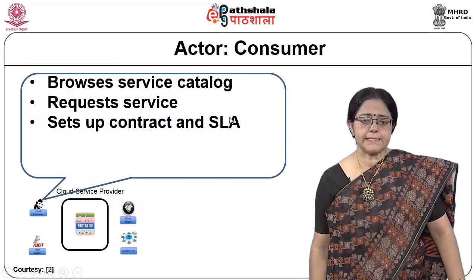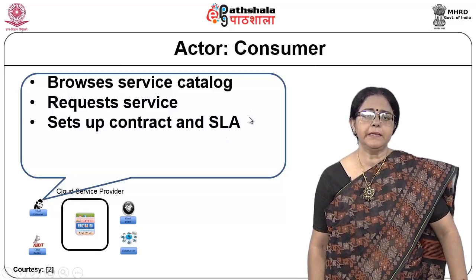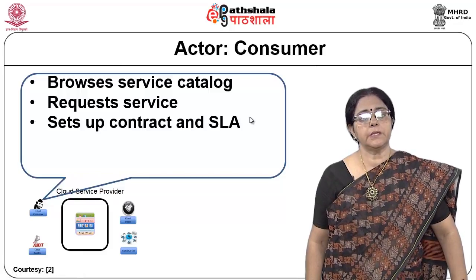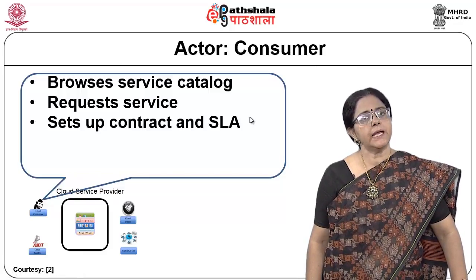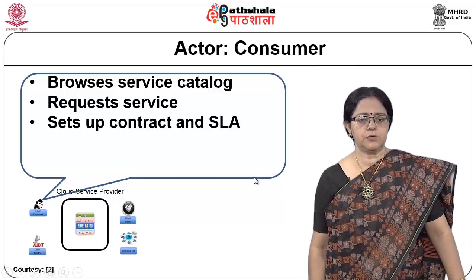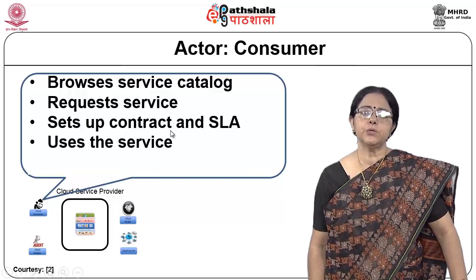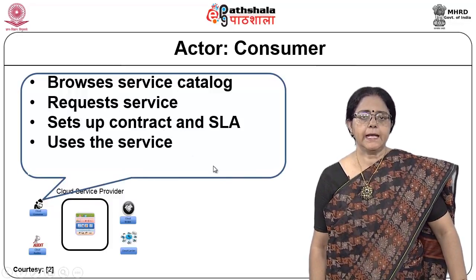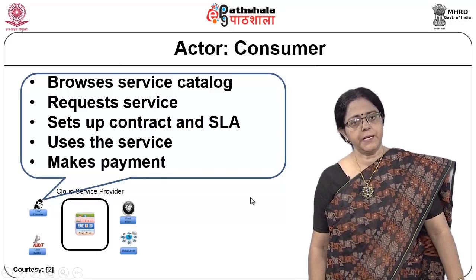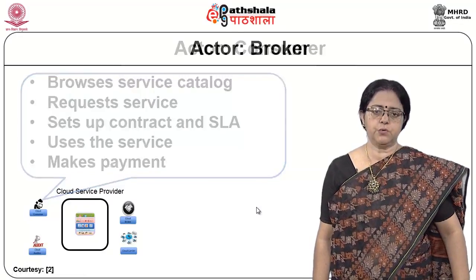This SLA stands for service level agreement. There has to be a written contract between the provider and the consumer, which has to be respected by both parties. Then the cloud consumer will use the service, and of course, as soon as they have used the service, they have to make the corresponding payment for it. So, these are the roles of the consumer.